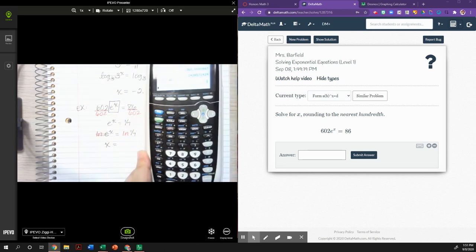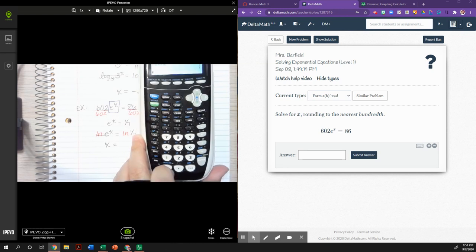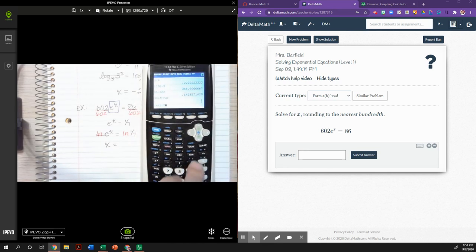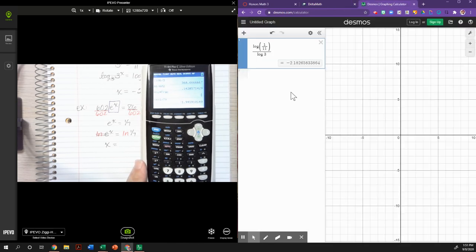Now, let me just make sure. If you've got a graphing calculator, you've got your log button here, you've got ln here. You would just type ln and then 1 divided by 7. If you are on Desmos, ln of 1 divided by 7.